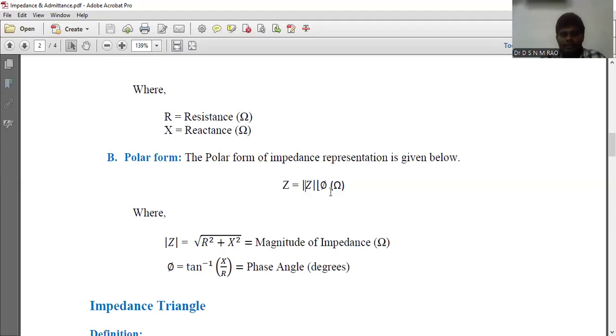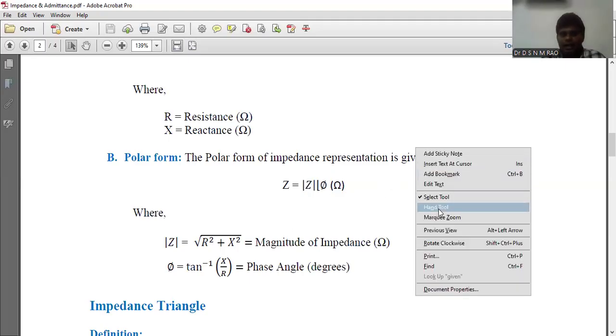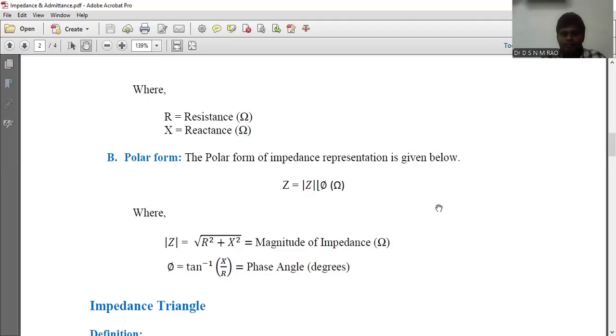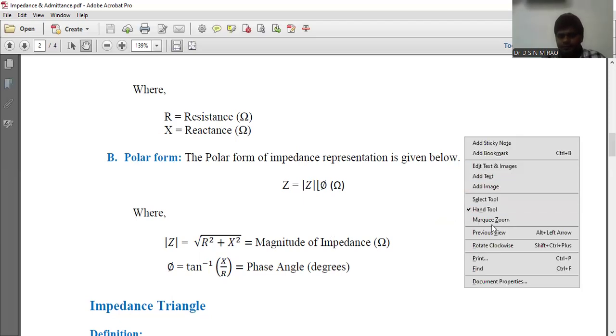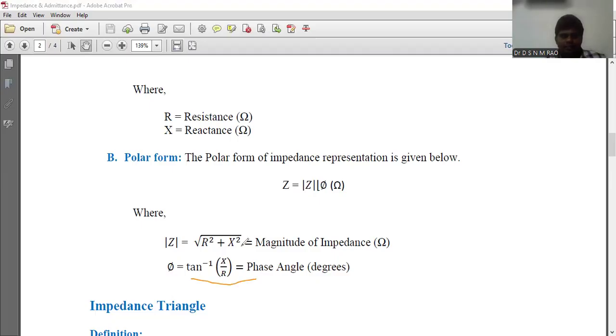And theta or phi equals tan inverse of X by R, the imaginary term by the real term, which is the phase angle.